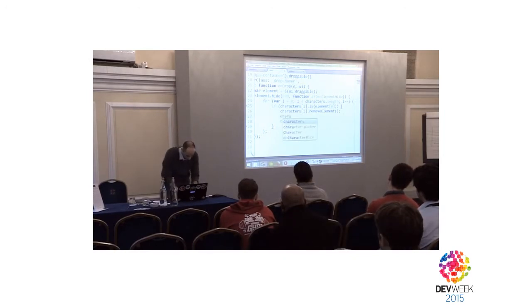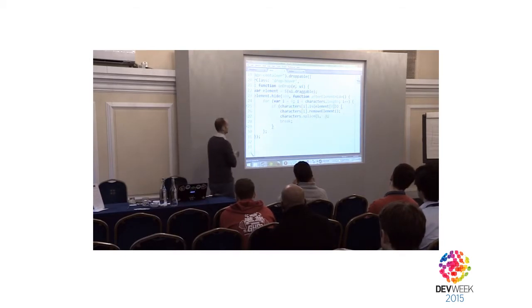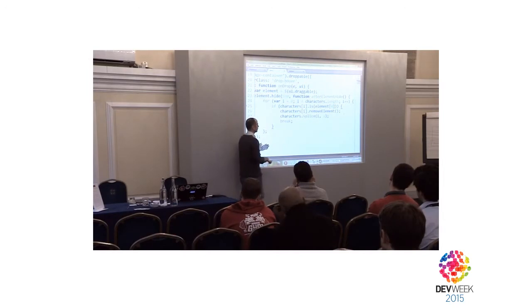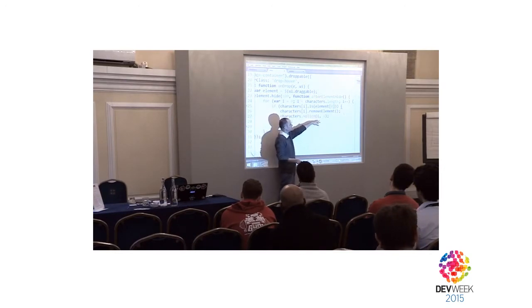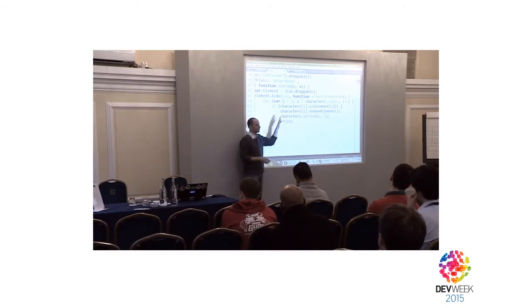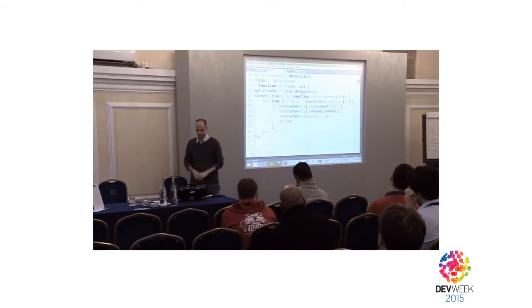So let's do characters.splice. This is how you remove elements from an array. It's an in-place removal. It removes the element at position i, one place. So it just removes this object and saves the array.